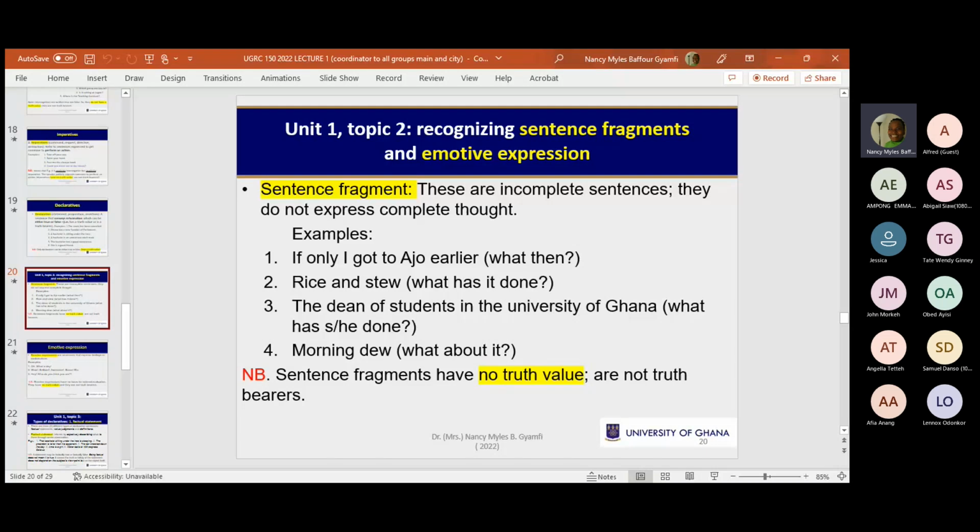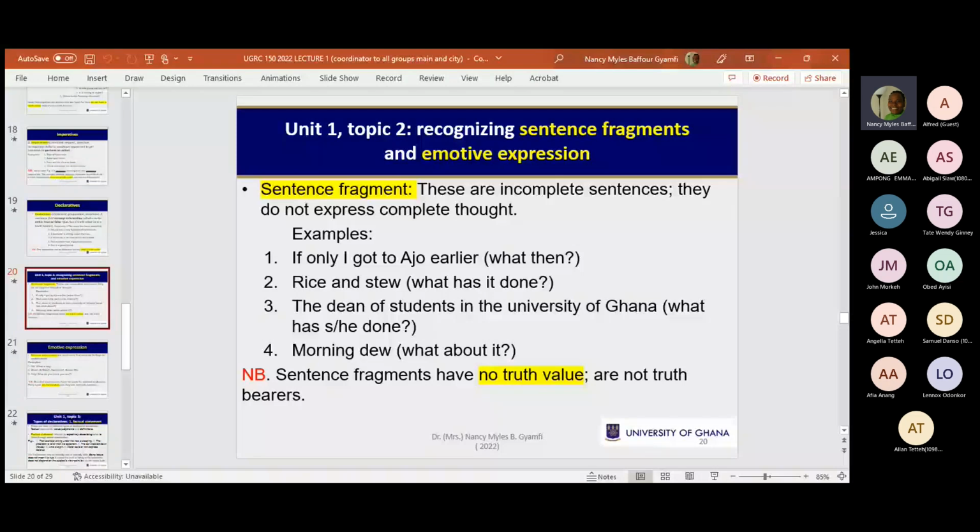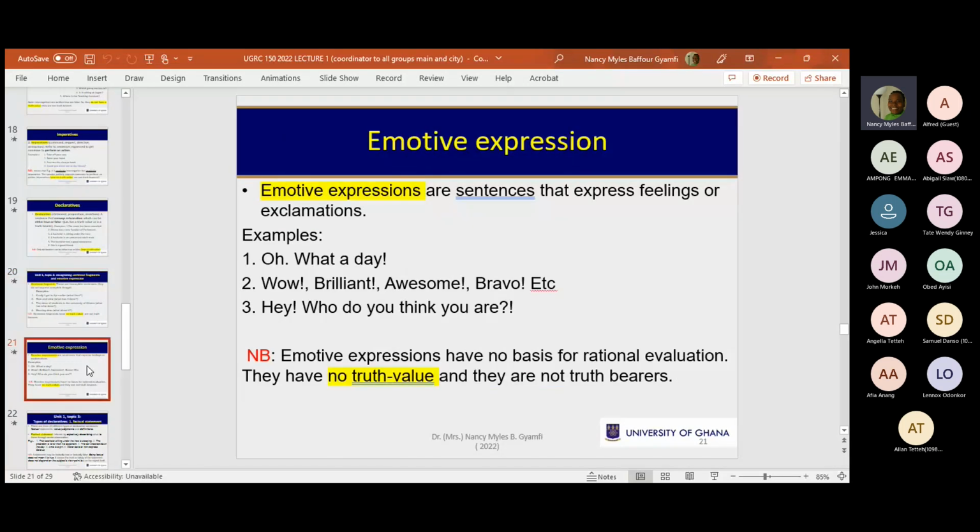What has rice and stew done? It's incomplete. Depending on how you complete it, it could be imperative, declarative, or interrogative, like we have just seen. So if you just write rice and stew, it's a fragment. See on your screen. It's a part of a sentence. Incomplete. Well done.